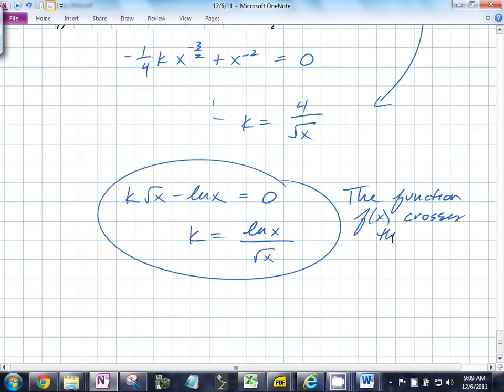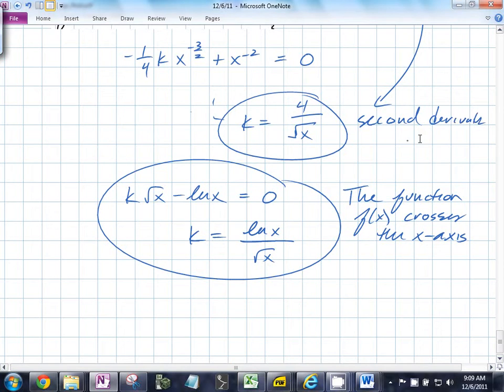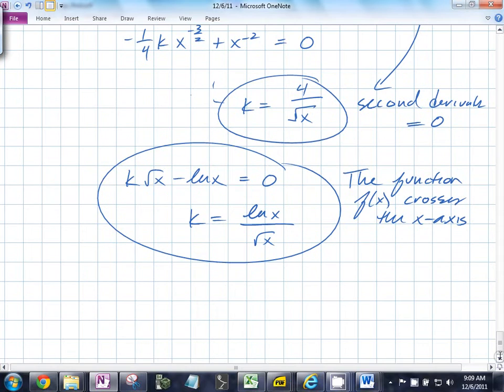We need the second derivative to equal 0 and the function to be there because what are we trying to do? We want there to be an inflection point on the x-axis. So you set ln x over 4 over root x equal to ln x over root x. So you end up with 4 equals ln x. So x is equal to e to the 4.